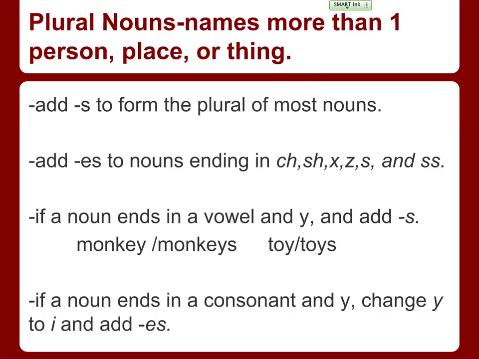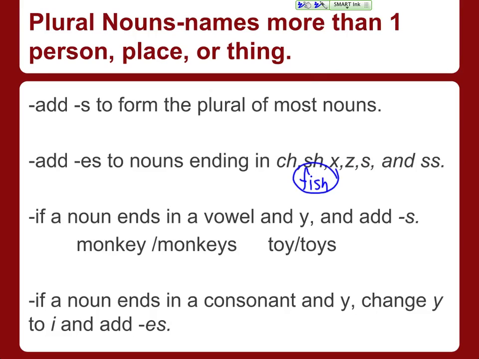Fish. Now, I'm going to tell you that fish is an irregular noun. If you have one fish, it's fish. If you have two fish, it's fish. So, you do not add ES and call it fishes. It is different.